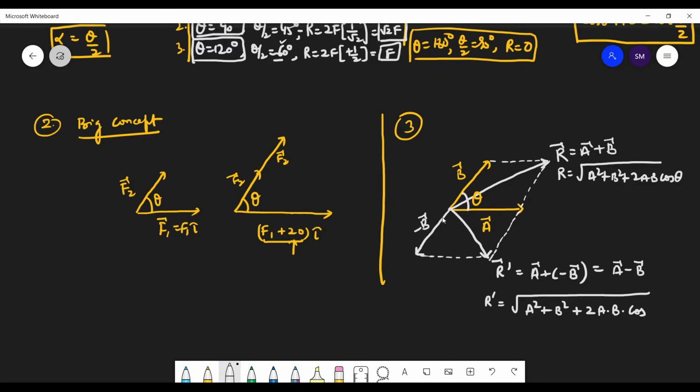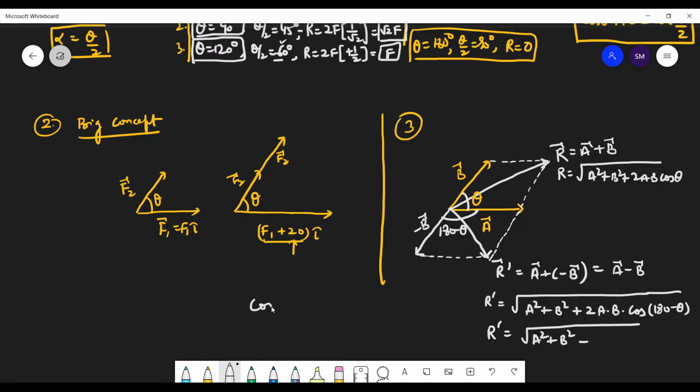So what is the angle, students? 180 minus theta. Very good. So here you will write cos of 180 minus theta, and you get the resultant as the square root of A square plus B square, and cos of 180 minus theta.